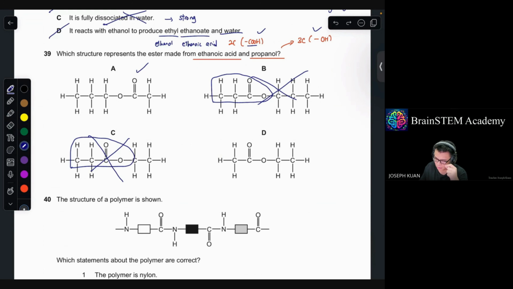Your propanol provides the propyl part. So A is the answer. The right hand side is the ethanoic part, and the left hand side of the molecule in the diagram is the propyl group.